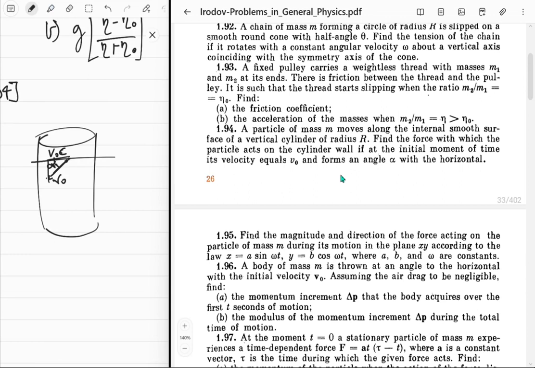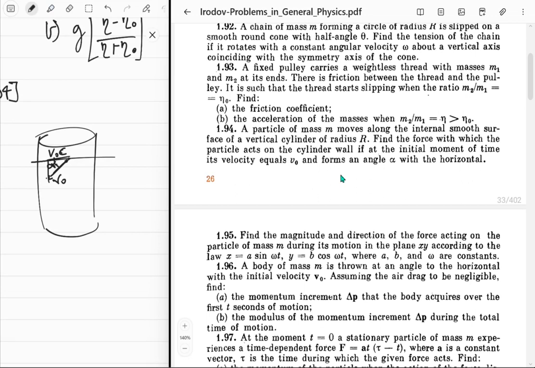This is hard to imagine as well. It's going down as well, and it's not pure rotation. Are we sure that the formulas that we use will apply in this case? I mean, they must. Otherwise, how do we solve this?